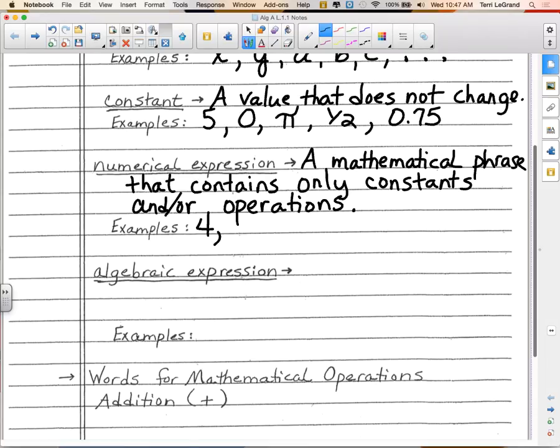So now give me a numerical expression with constants and operations in it. Or operation. It doesn't have to have 2 operations or 3 or all 4. Come on, go for it. 3 plus 6, would that be a numerical expression?